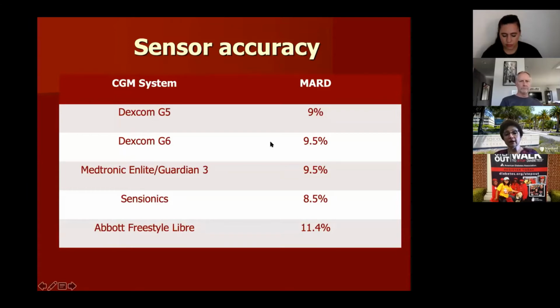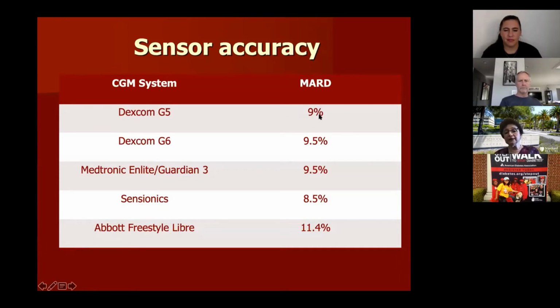So the CGMs are very accurate now. If you think about the accuracy of the meters, the FDA approved accuracy of the meter is 20%. MARD, mean absolute relative difference, is how we estimate the accuracy of the sensors.